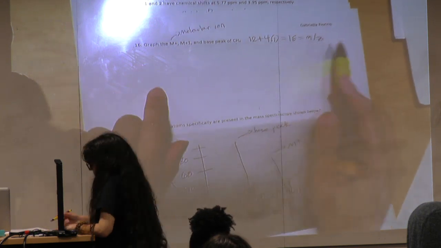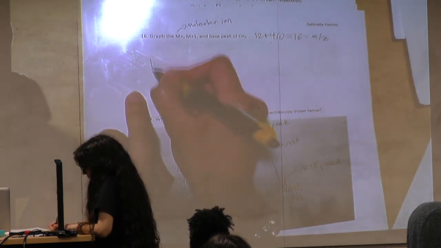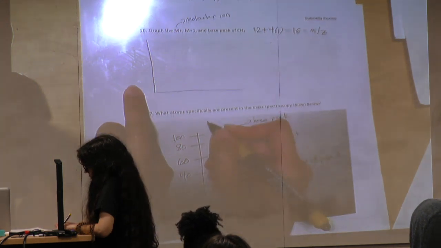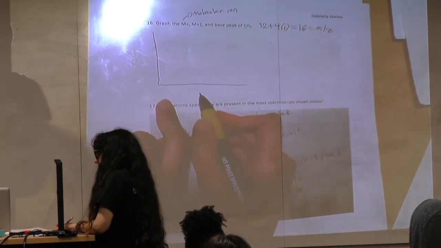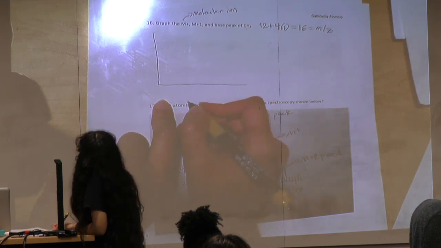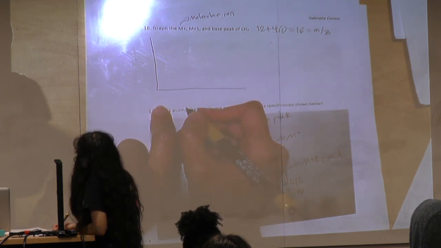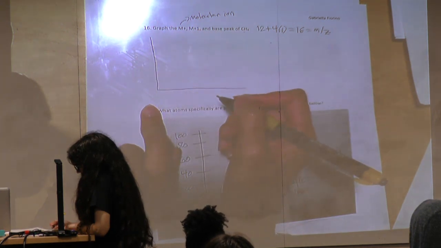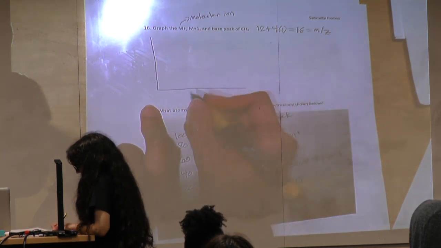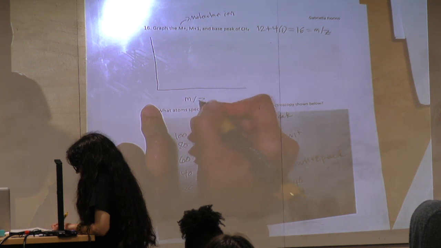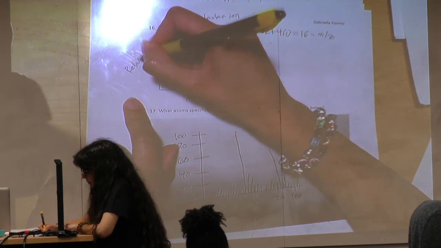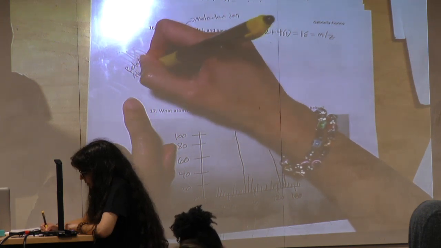So over here, if we graph this, when we're doing mass spec, what's our x-axis? That's our m/z ratio. Yeah, perfect. And the y-axis is relative abundance.